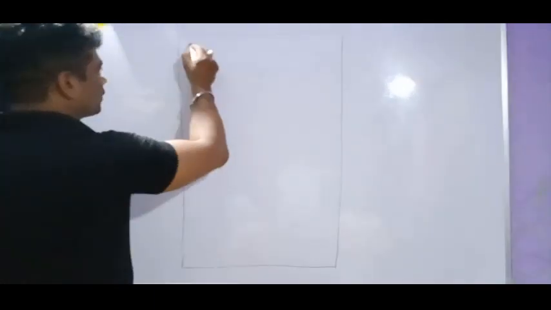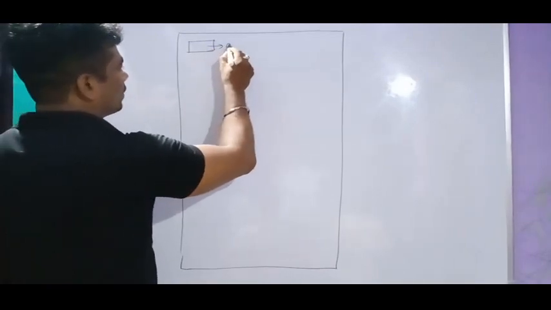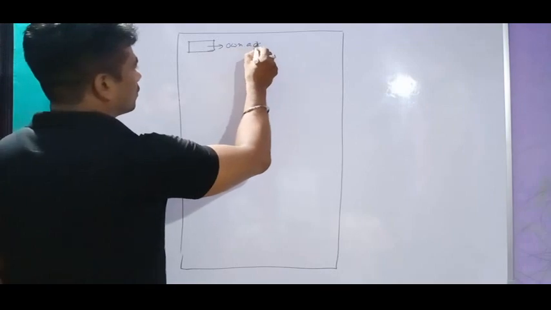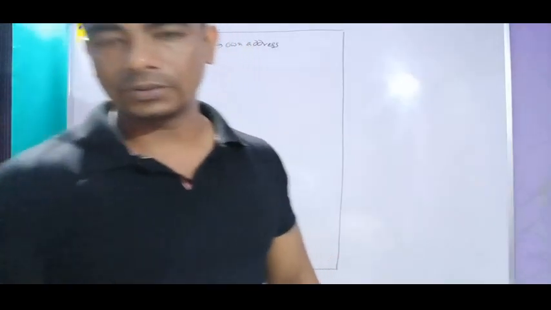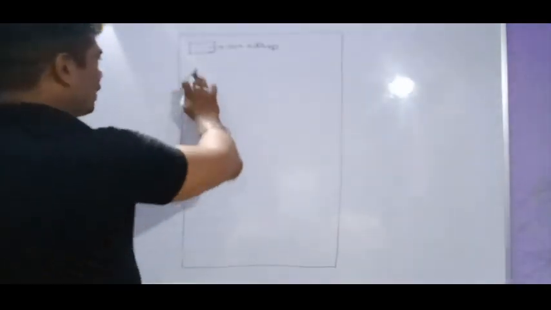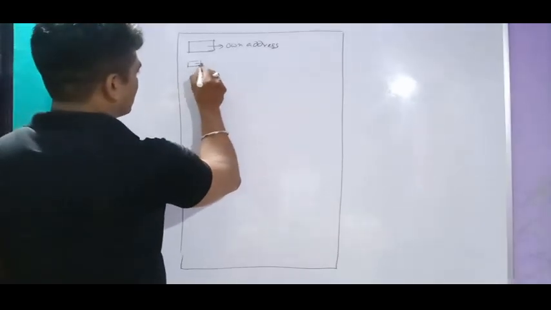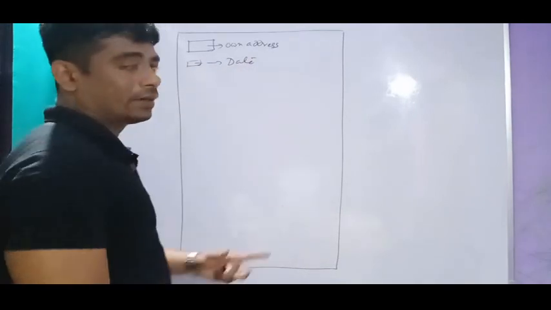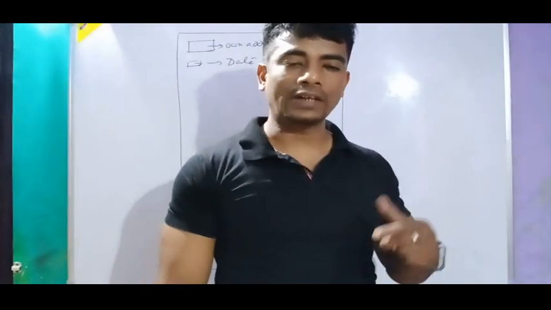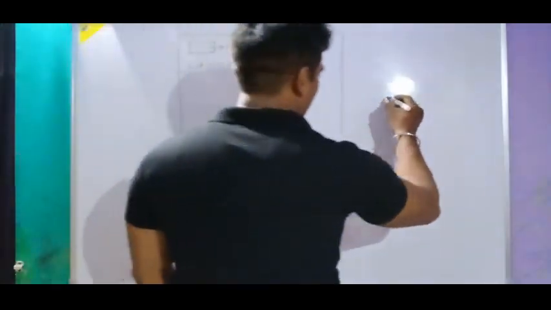Here you have to write your own address, almost like a formal letter. Then after giving double space, as we do in letter writing, you have to give the date. And remember, we are not writing any letter. We are writing one informal invitation.